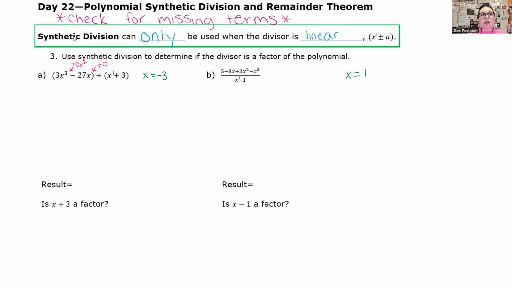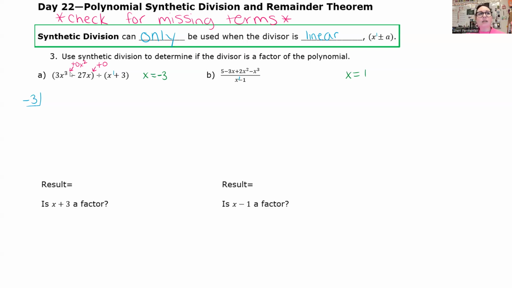So you're going to take this number. In this case, it's a -3. In this case, it's a 1. And you write it in the front and you put it in a little house. Then I'm going to take only the coefficients of what I'm dividing into. I'm going to write them in order with no x's anymore, only the coefficients.